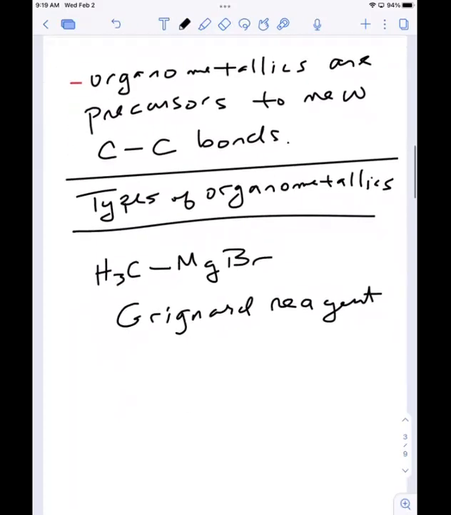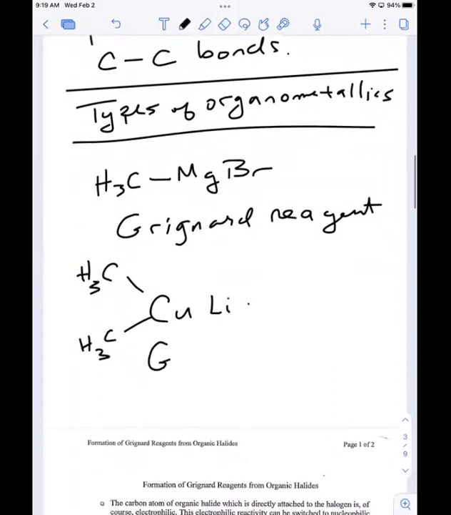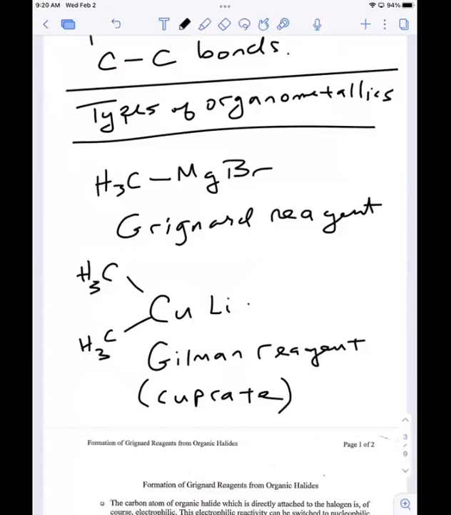And then the other organometallic that we're going to talk about is copper based. I'm just going to use methyl here. This is what we call a Gilman reagent. Another name for it is a cuprate. All right, so these are the two organometallics that we're going to be talking about, and how to make them, and also how to use them.